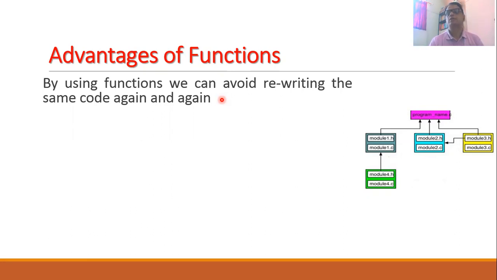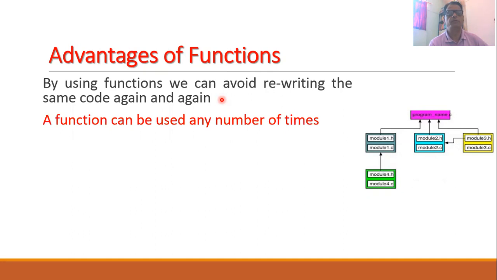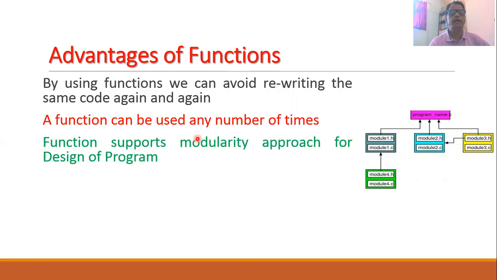In such a case, you cannot add the same code again and again in your program because that will increase the length of the program. Instead, you can write a function for sorting of the numbers, and this function can be called whenever you want the sorting to be done.